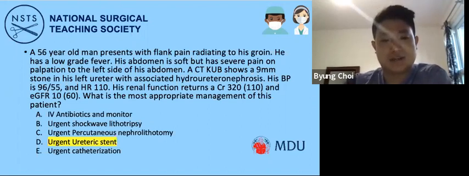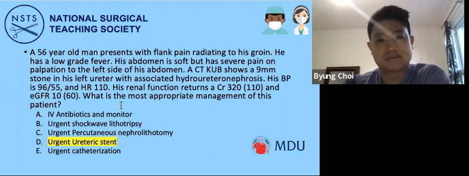But I think the key point here from the stem is that the patient has a fever and they've got shock. It's low grade, but a low grade fever still needs to have alarm bells ringing. His blood pressure is 96/55 and his heart rate is 110, and he's got a big AKI going on.